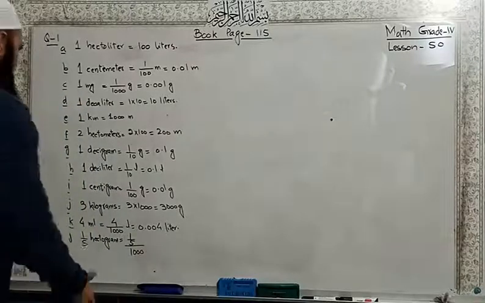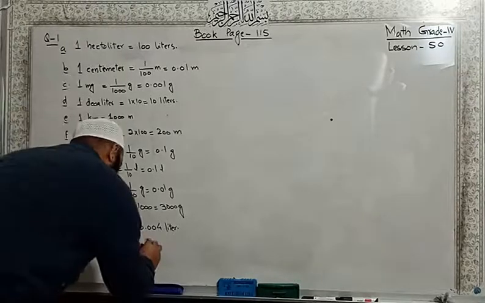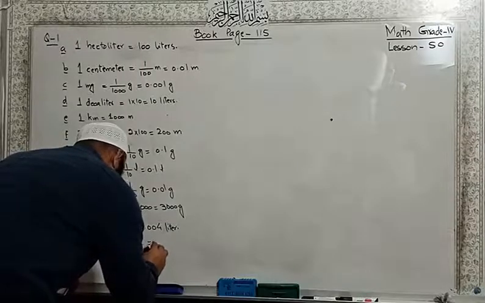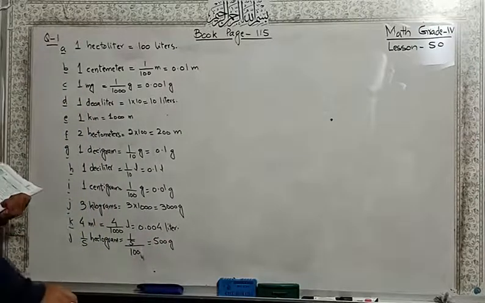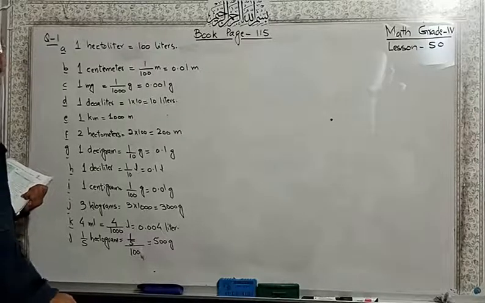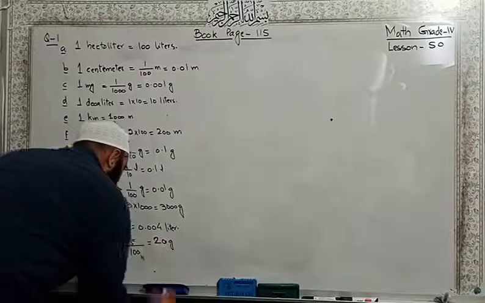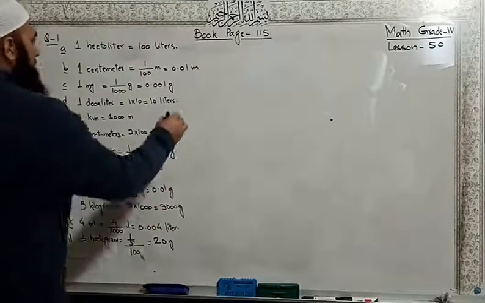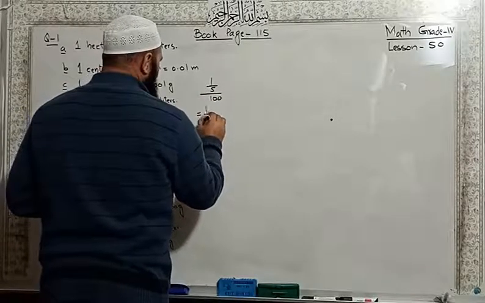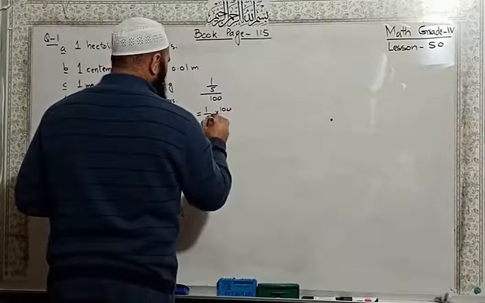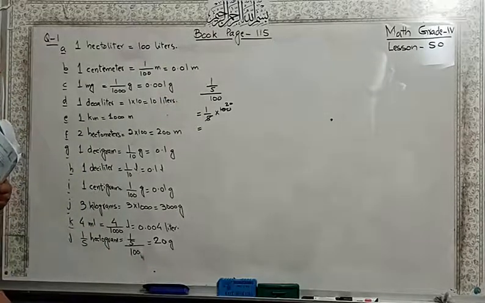Sorry, this will become 20 grams. Understand how 1 over 5 times 100 becomes 20 grams. So 1 over 5 hectogram is equal to 20 grams.